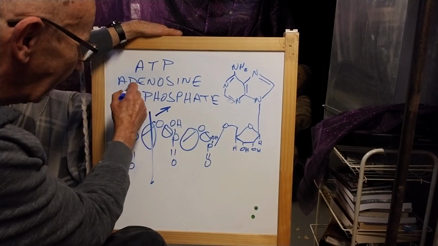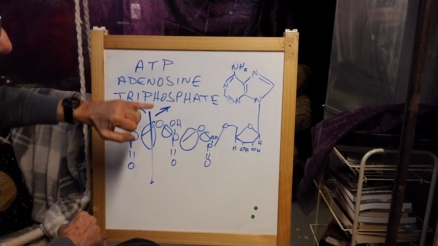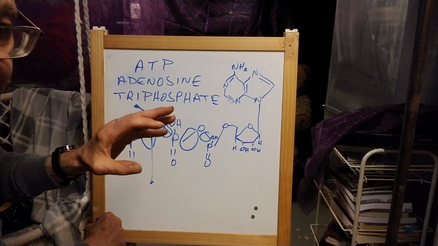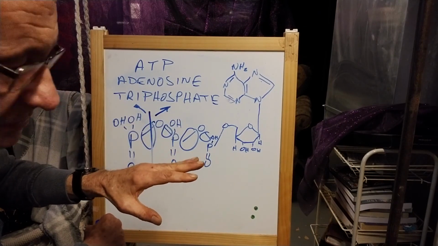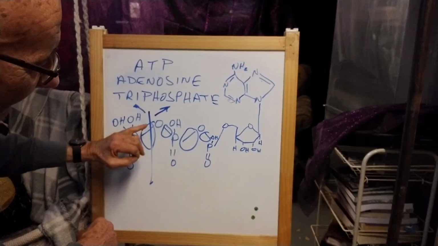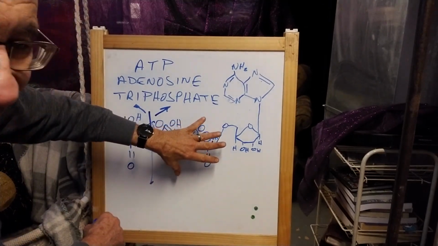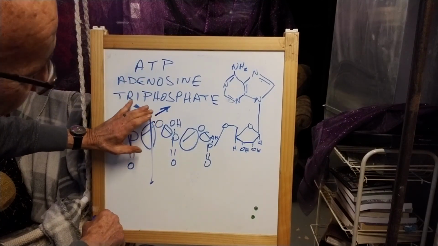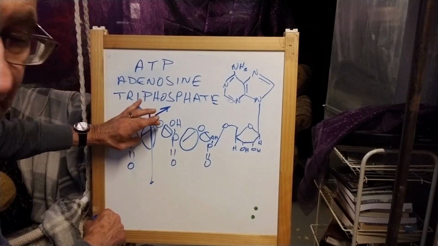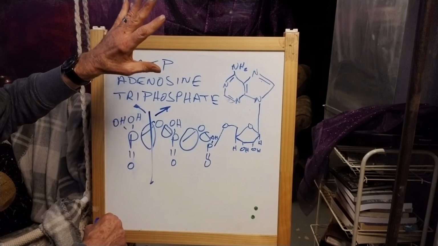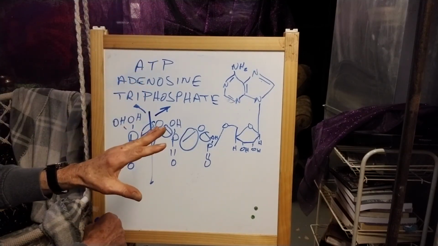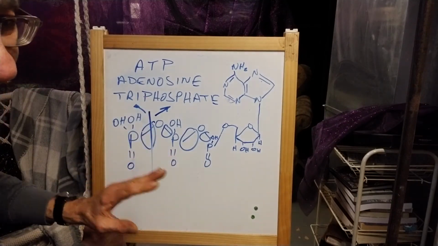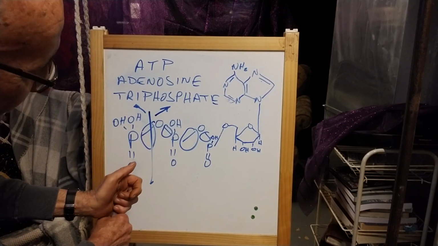When it actually loses one of these, that the bond was put there and is using the energy from the food you eat to make these bonds, and then wherever that energy is needed, there are enzymes, and we're going to talk about that shortly, that break that and get the energy released.